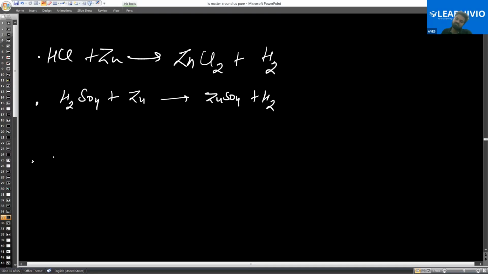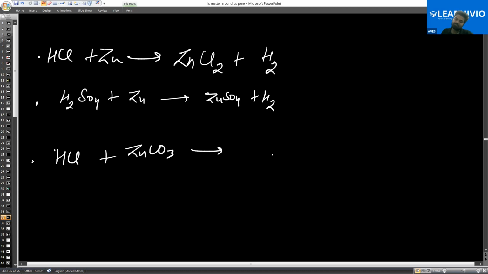Acid plus metal carbonate gives salt plus CO2 plus H2O. First example, HCl plus zinc carbonate gives you zinc chloride. I want the formula of everything. ZnCO3. Then what will remain?